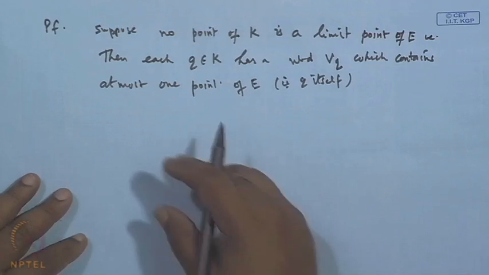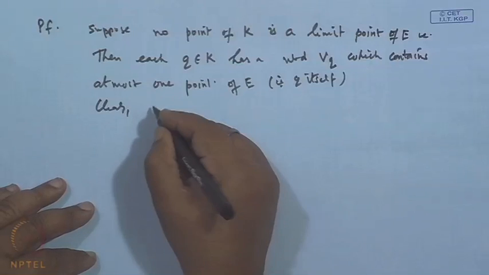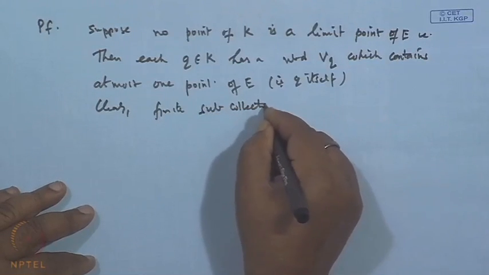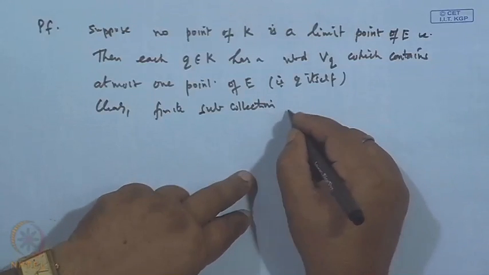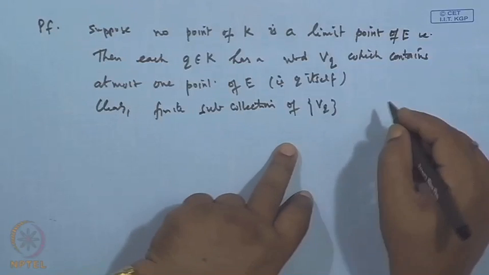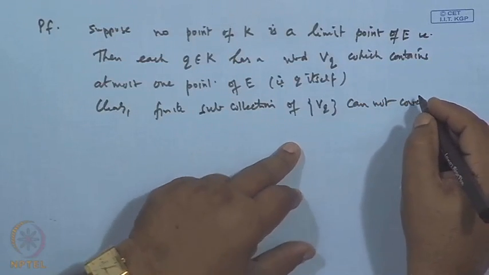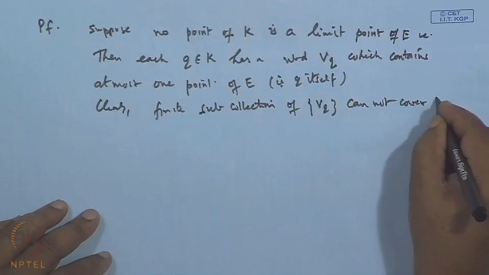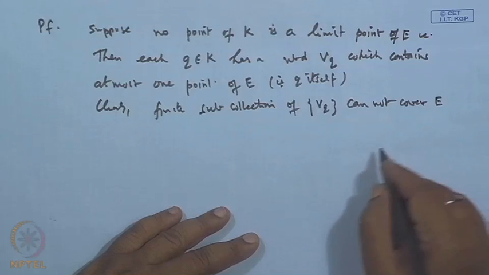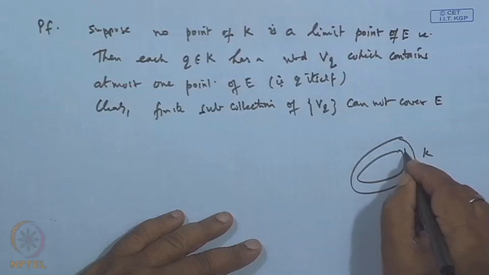Now, if I take a finite subcollection of these neighborhoods V Q, then clearly it cannot cover E, because this is our K and E is this.